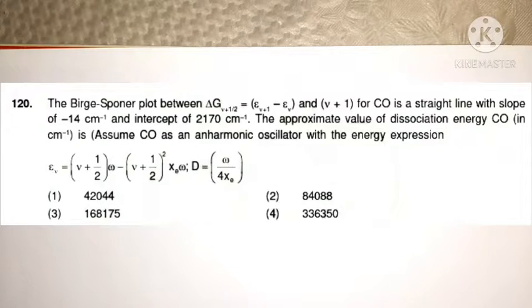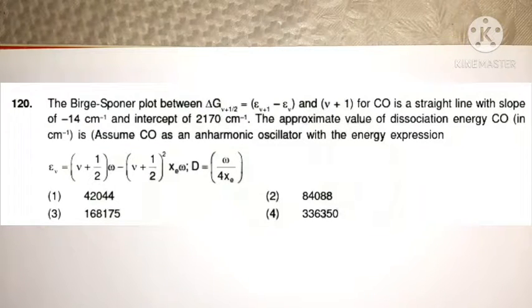Now we move towards our next question. It says the Birge-Sponer plot between delta G at nu plus half, which is equal to E at nu plus 1 minus E at nu, for CO, that is carbon monoxide, is a straight line with a slope of minus 14 centimeter inverse and an intercept of 2170 centimeter inverse.